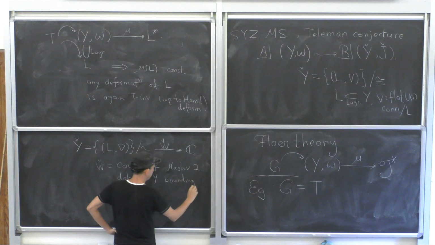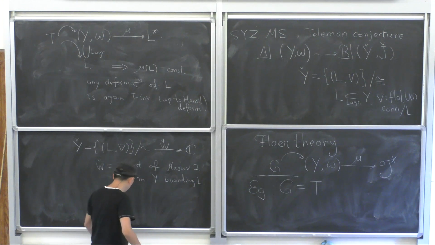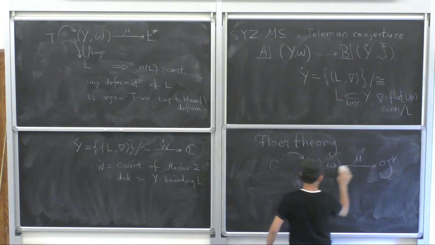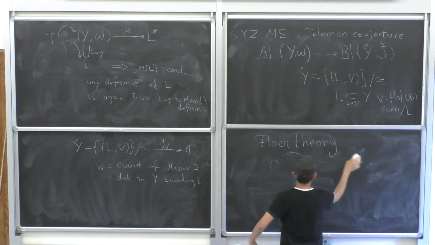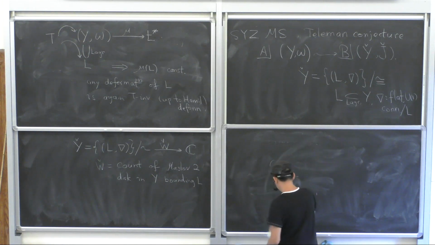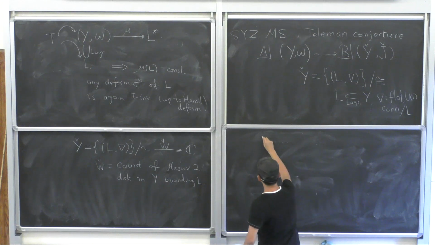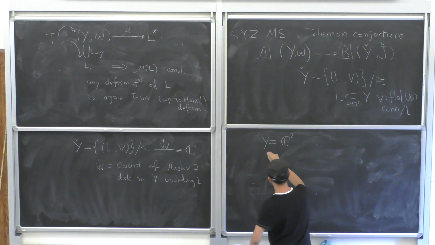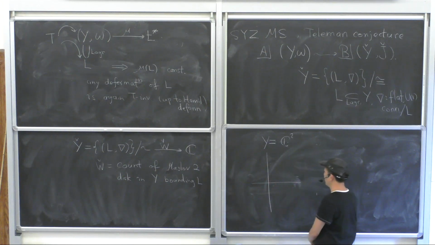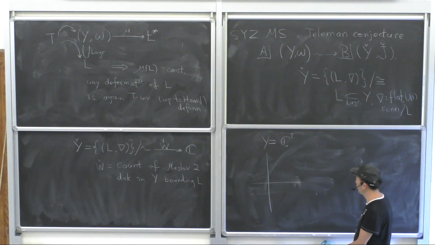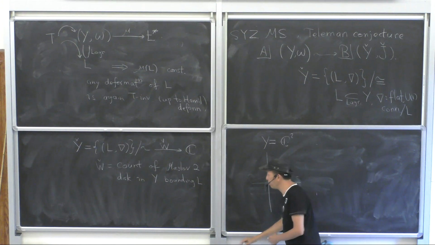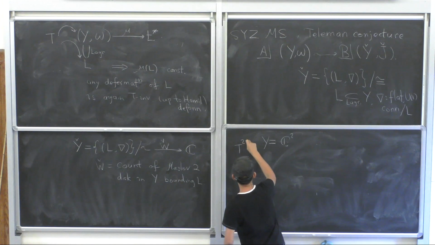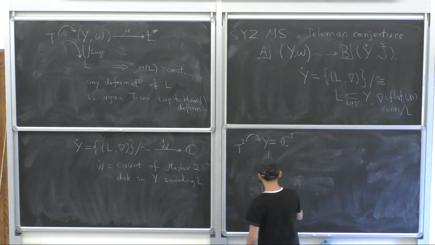So let's just look at an example. Let's say Y is C^2. If I draw the moment map value of the T^2 action, then the image is just this.